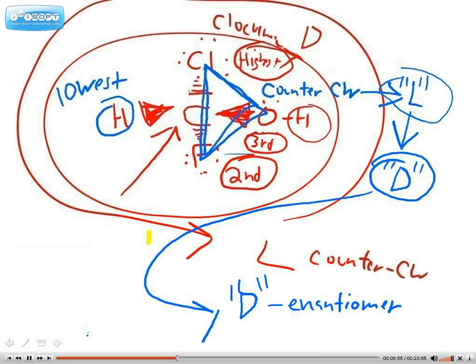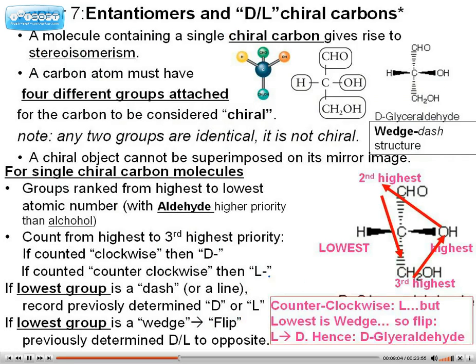Usually we give the name of the molecule and we put the D in front. So, going to this example right here, I need to figure out, is this particular molecule a D or L?